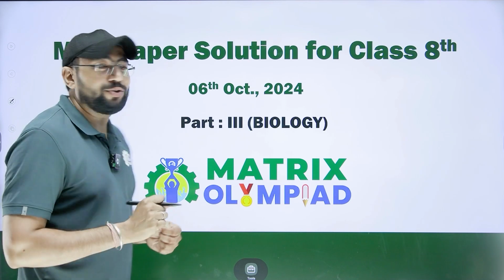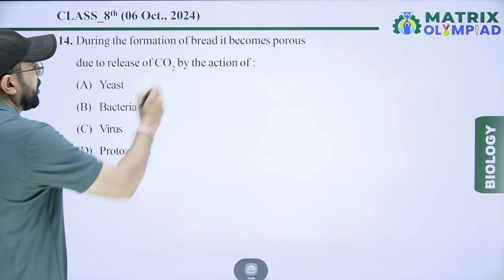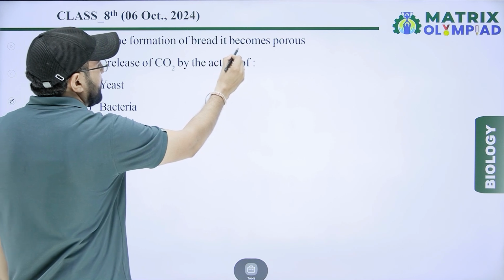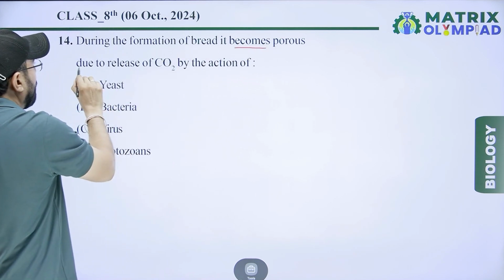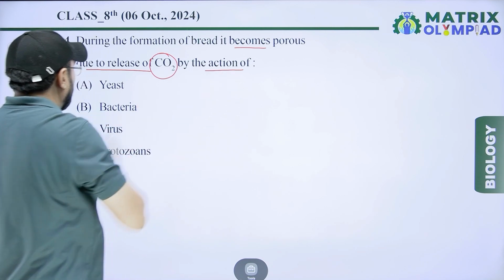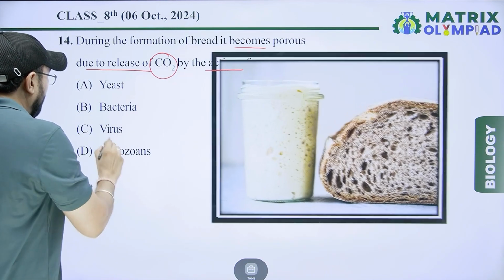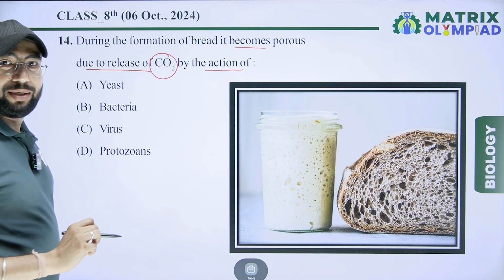Now start. First question for 8th class is, during the formation of bread, it becomes porous due to the release of carbon dioxide by the action of yeast, bacteria, virus or protozoan.